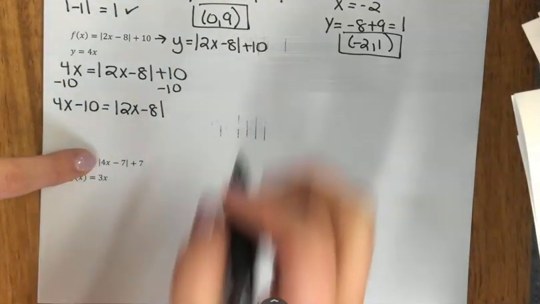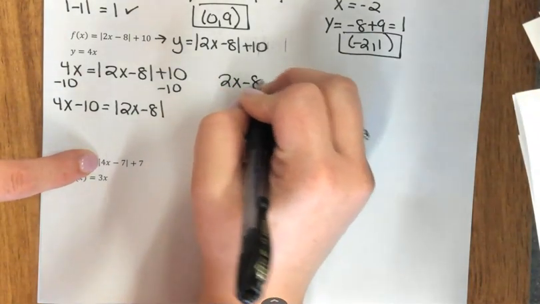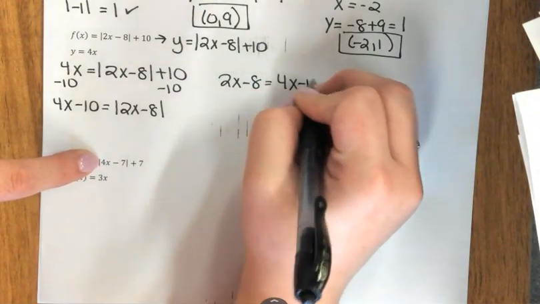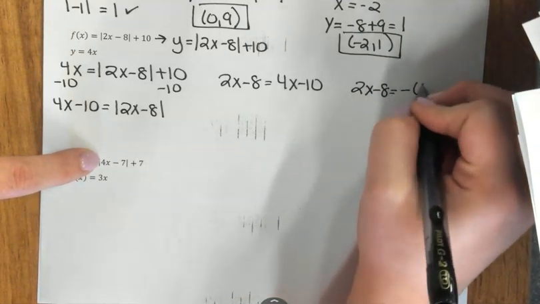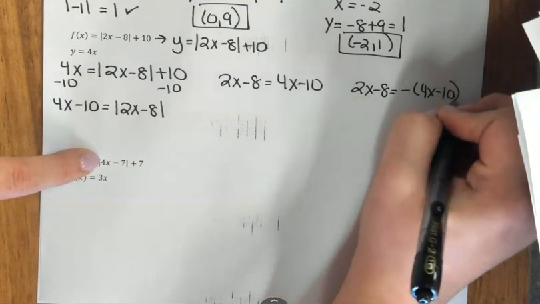Now I can set up my two equations. So 2x minus 8 will be equal to 4x minus 10, and 2x minus 8 will be equal to the negative of 4x minus 10.